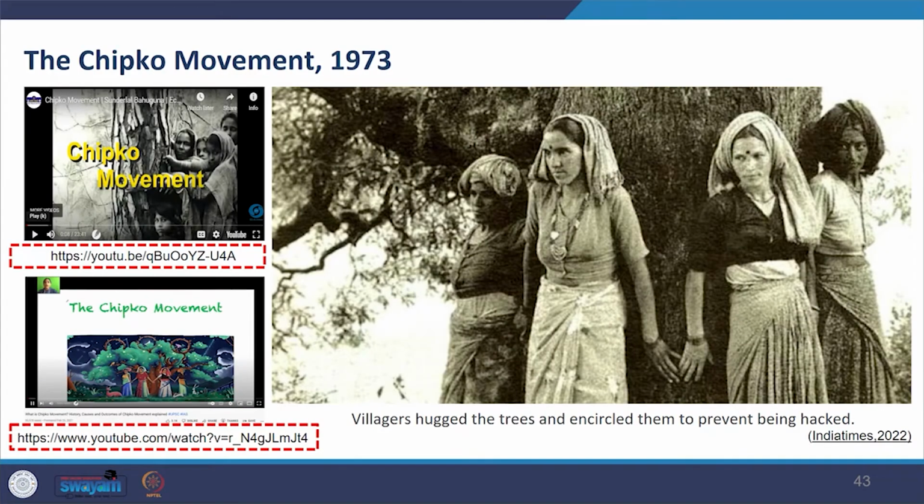We also learned that Swami Chidanandji, a spiritual leader who was also traveling from the conference to the country, strengthened the movement. And we see that there was the Chipko movement where women hugged the trees to stop their felling for protecting their environment. So you see how there was a question about equality, a question about justice, the environment, and also you're seeing the linkages with the disaster here.